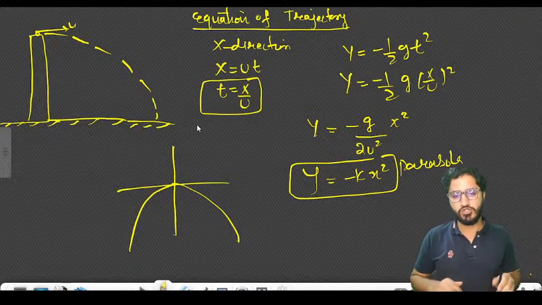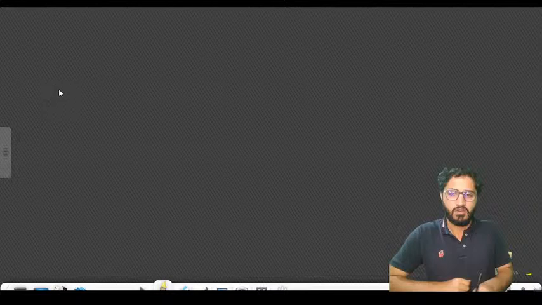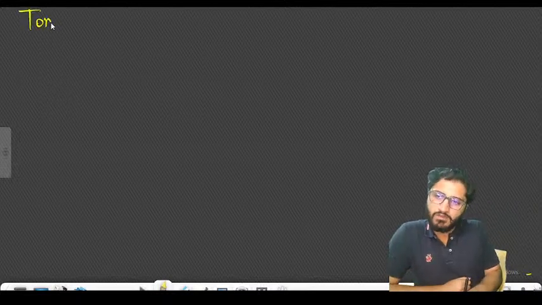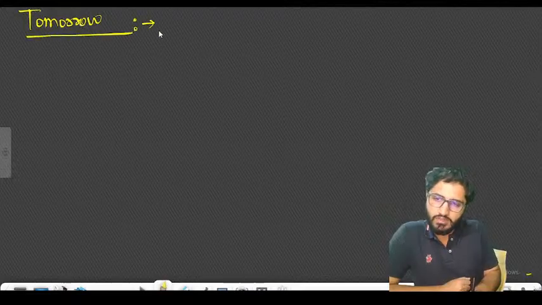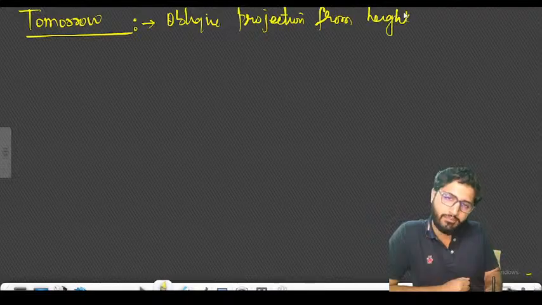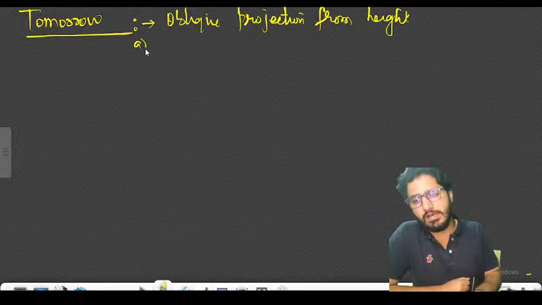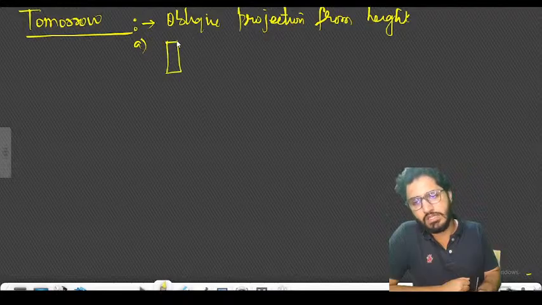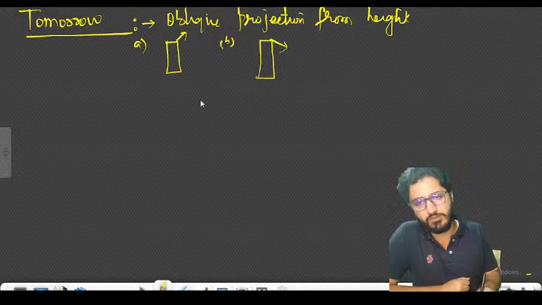Okay, so we are done with today's topic. Now, the plan for tomorrow. Tomorrow, what are we going to discuss? Oblique projection from height, and sub parts. So we are throwing something in this way. In part B, we will throw something in this way.